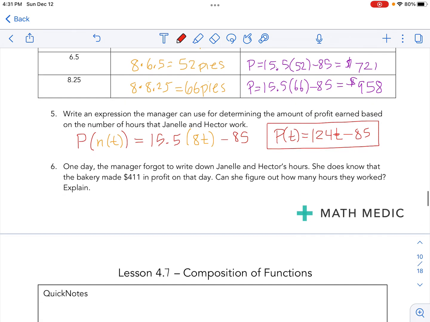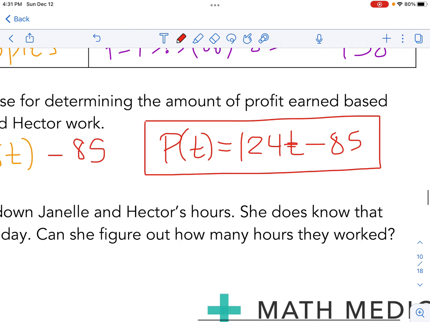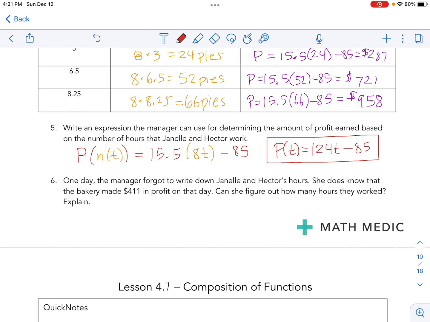So now, instead of having to count pies every day to put it into a function that has the number of pies as the independent variable, we can just say, let's just schedule these people for a certain amount of time. This is kind of messy. I'm going to clean that up. There we go. And we can find the profit directly from that expression.